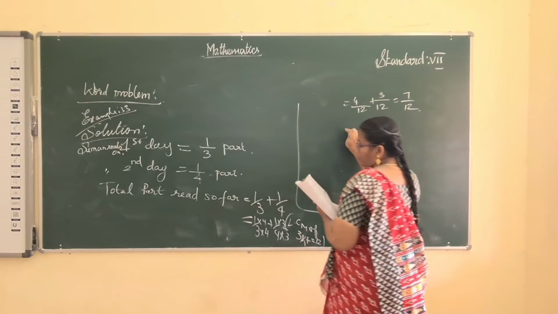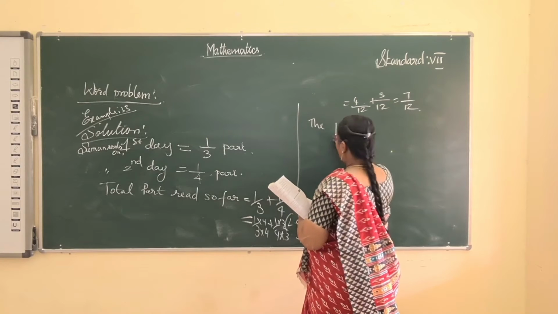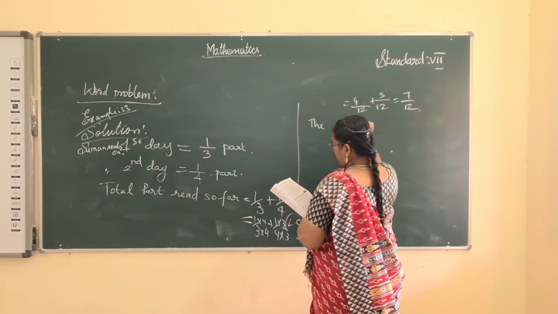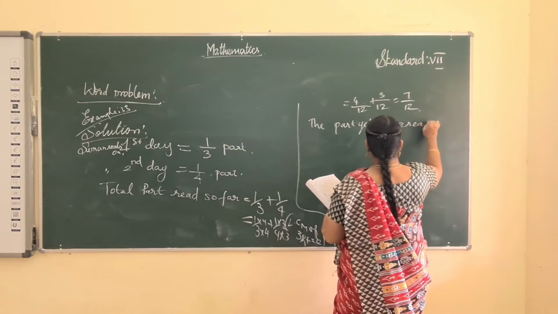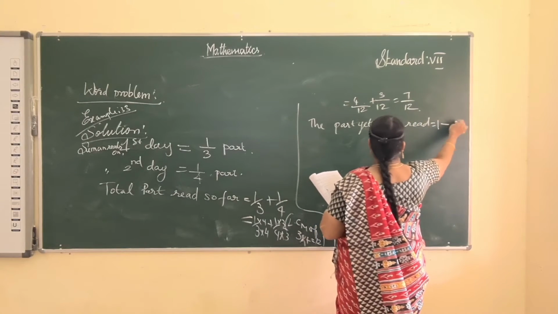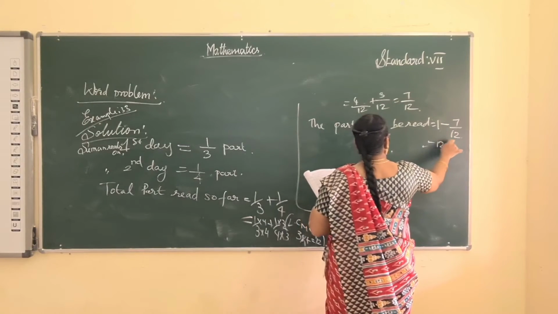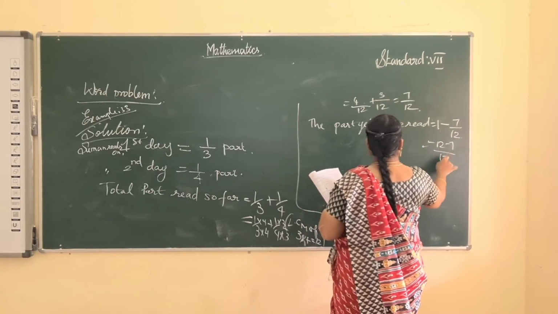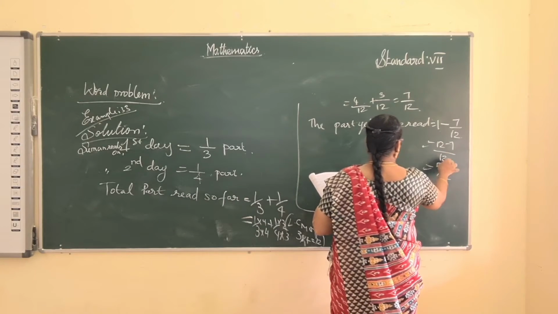Okay. So for the remaining, we need the part yet to be read, is it? So the part yet to be read is equal to 1 minus 7 by 12. So what is the value? 12 minus 7 by 12. So 5 by 12 is the answer.